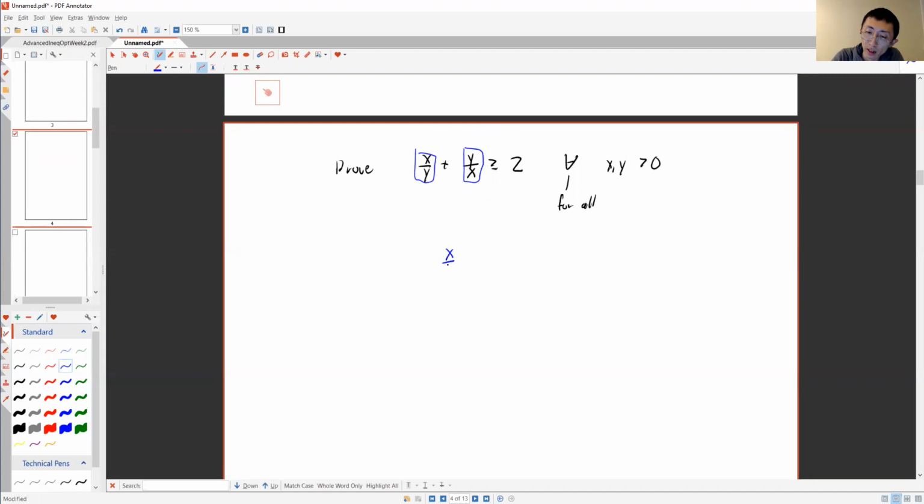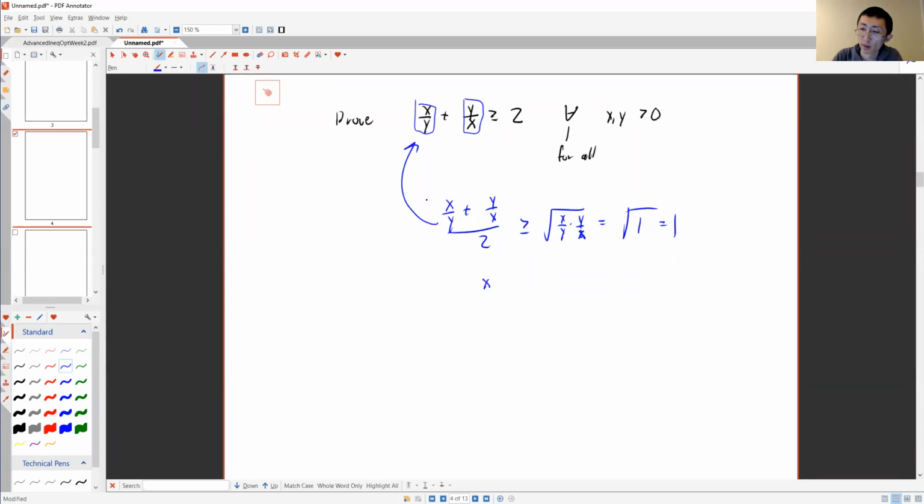If we divide both sides by 2, this says a number plus another number over 2 is greater than or equal to the geometric mean of the numbers. And this is just the square root of 1, so that's 1. So you can start off with this statement, which is true by AMGM, and reverse the logic to conclude the other direction. So you would write the proof like this: this is true by AMGM.